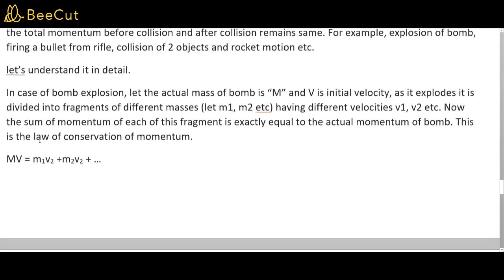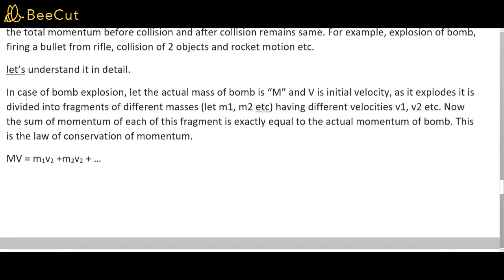Let's understand it. Consider the case of a bomb explosion. Consider that the mass of the bomb was initially m and its initial velocity was v, which is zero because it is just placed at some place.